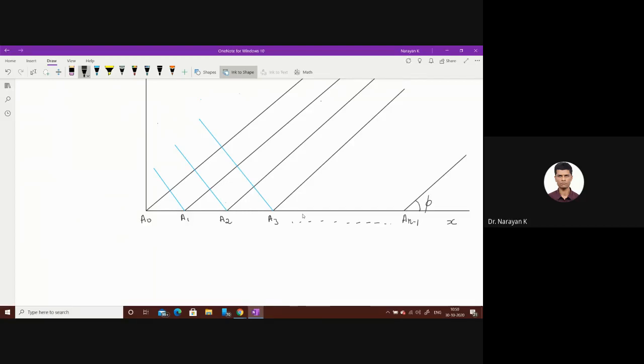This angle is your angle phi. So what will be this angle? If that is phi, this will also be phi, right? Yes, sir. This will also be phi. So what will be this distance now?